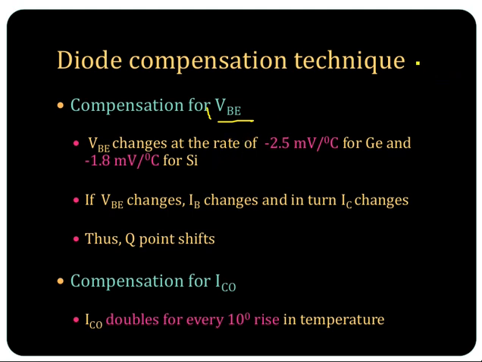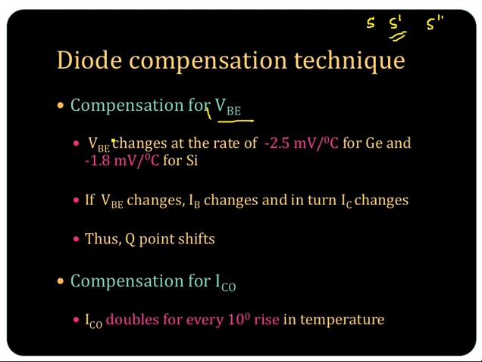Of course, when you discuss the stability factors S, S dash, S double dash, S dash was showing the change in collector current with respect to VBE. We have derived the expression. So I expect a question from you: how is this collector current varying with respect to VBE?